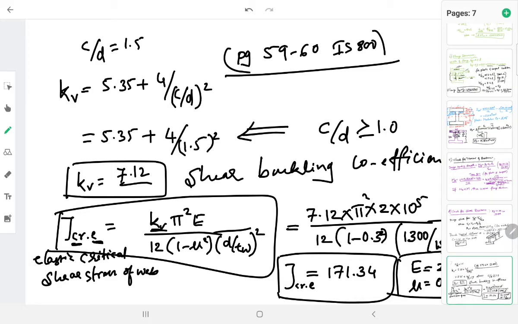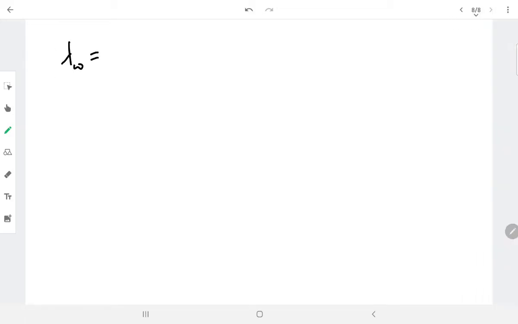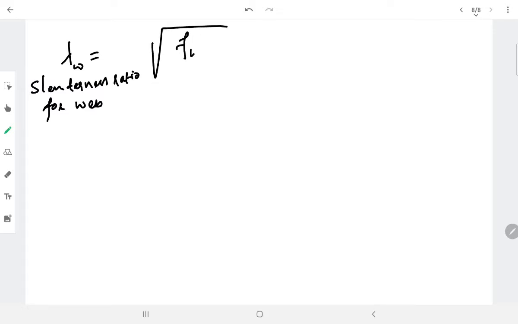In the next step, we calculate lambda w, the slenderness ratio for the web. This is calculated as the square root of fyw divided by square root of 3 into tau cre.